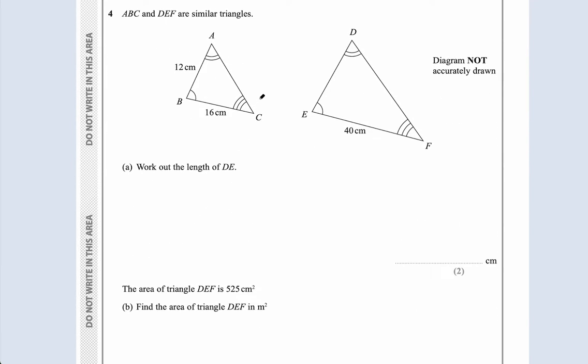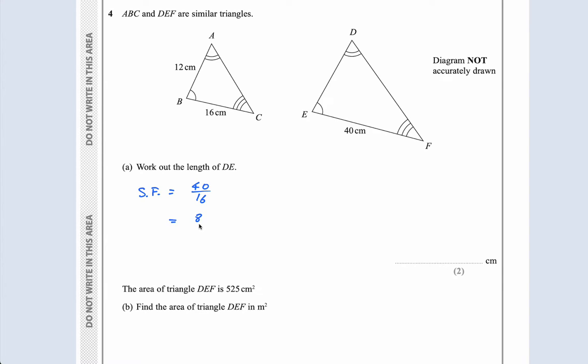Okay, ABC and DEF, these two triangles are similar triangles, so they are to scale. So I need to find the scale factor. I need to get two corresponding sides, this one and this one, which I know, and I can just do 40 divided by 16, and that's the scale factor. Use your calculator, guys.